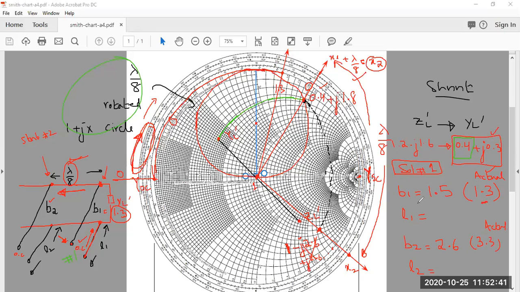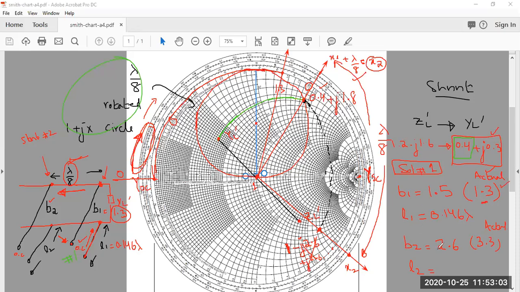This is the reading. So how much is L1? 0.146 lambda. So when L1 is adjusted to be equal to 0.146 lambda, it should provide us this much susceptance.